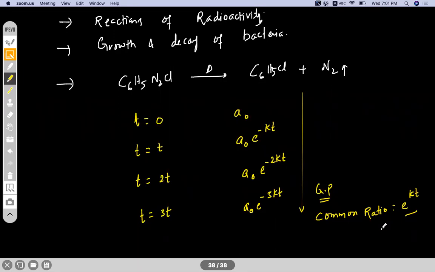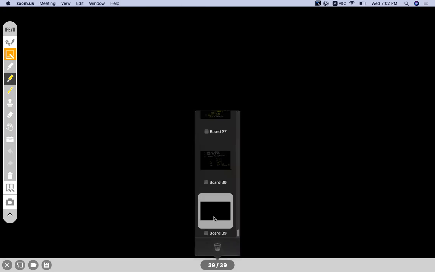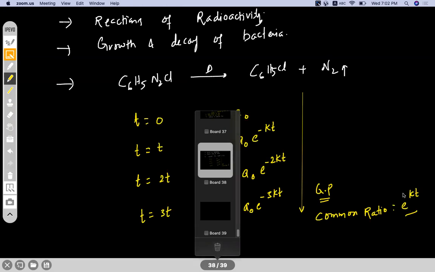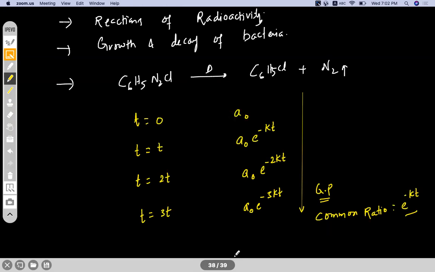So in this, since we have the common ratio, when the reaction is of first order, then... Sorry, shouldn't it be e to the power minus kt? Oh, we'll write second term by first term, no? Yeah, second term by first term.